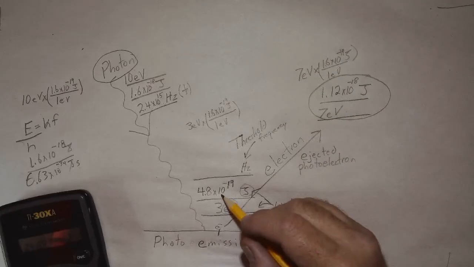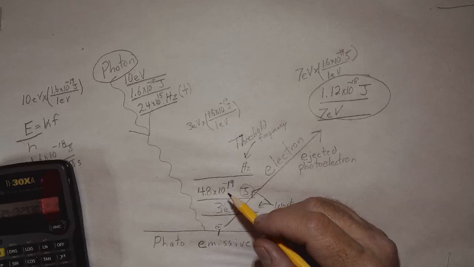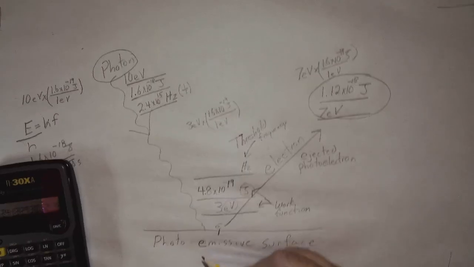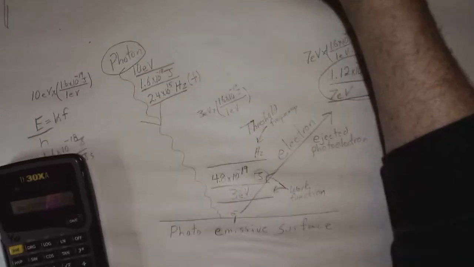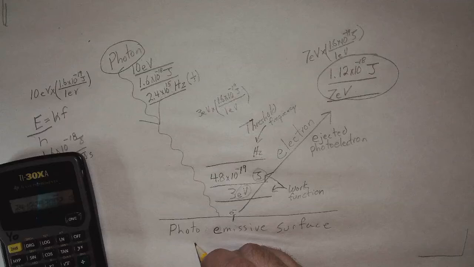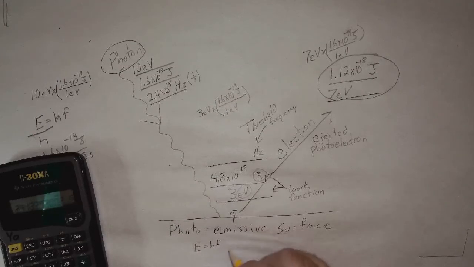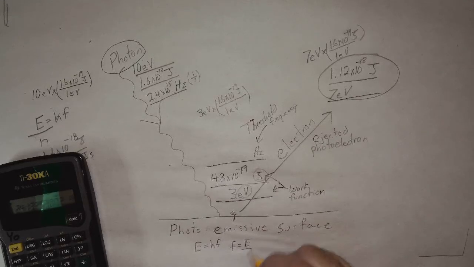Down here we have 4.8. Okay, so let's get some space here. So E equals hf. f equals E over h.